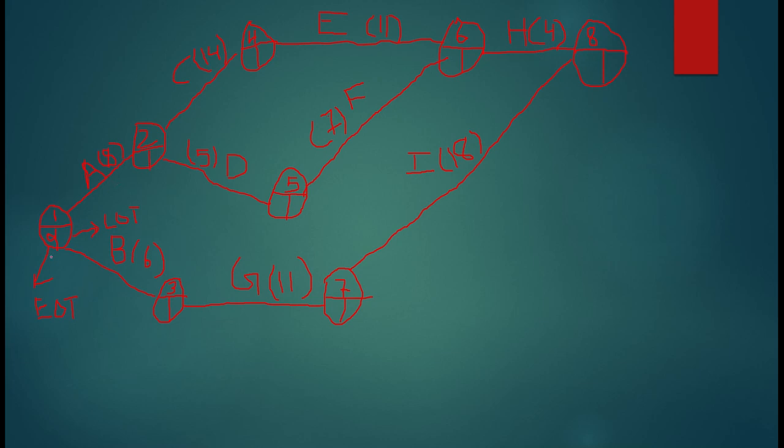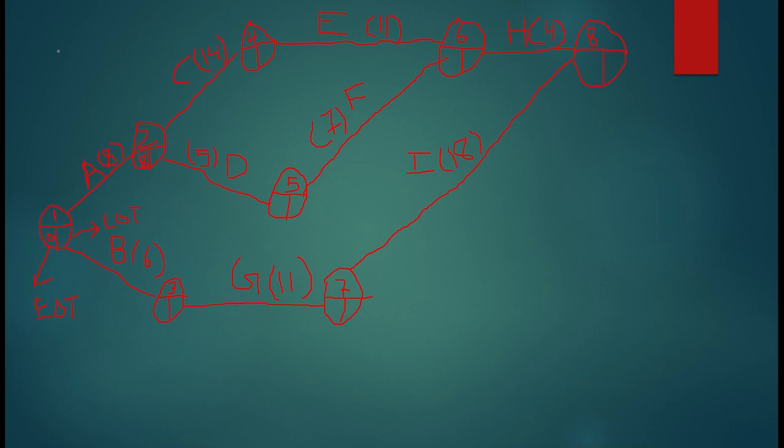So the first event's earliest occurring time is 0. Now 0 plus 8, this earliest occurring time plus the duration of this activity, is 8.